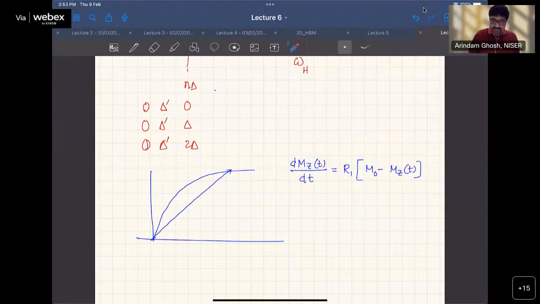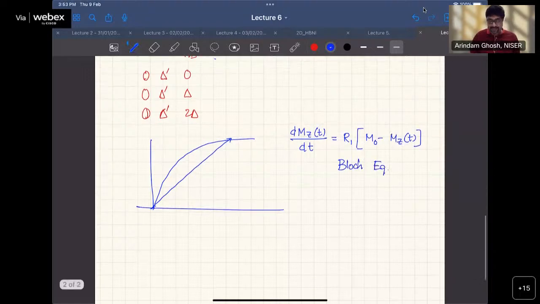M naught is the equilibrium value. At any point in time, how far Mz is from this equilibrium value, with a proportionality constant. That means the rate of Mz is proportional to the deviation of Mz from M naught. This is the Bloch equation.